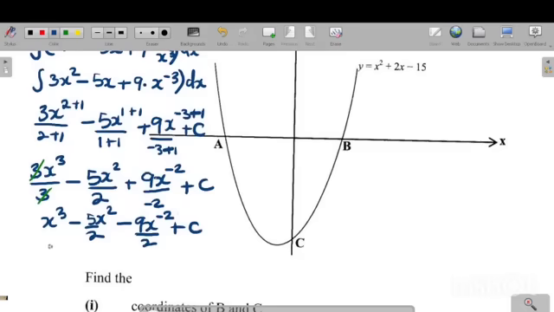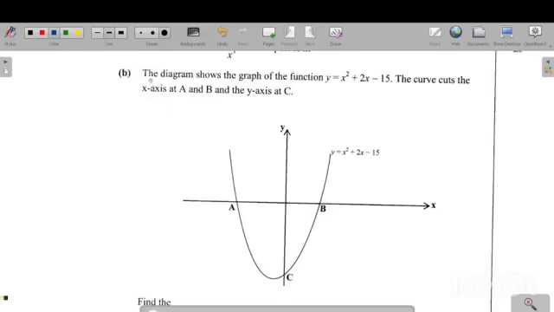So we are going to have x to the power 3 minus 5x squared over 2, then minus, this is the same as 1 over x squared, so we are going to have 9 over 2x squared plus c. Alright, then this is the answer.